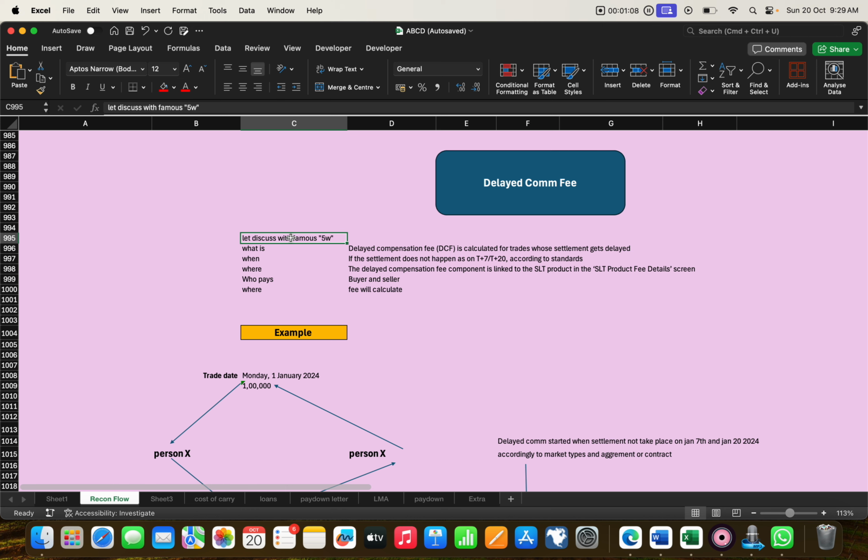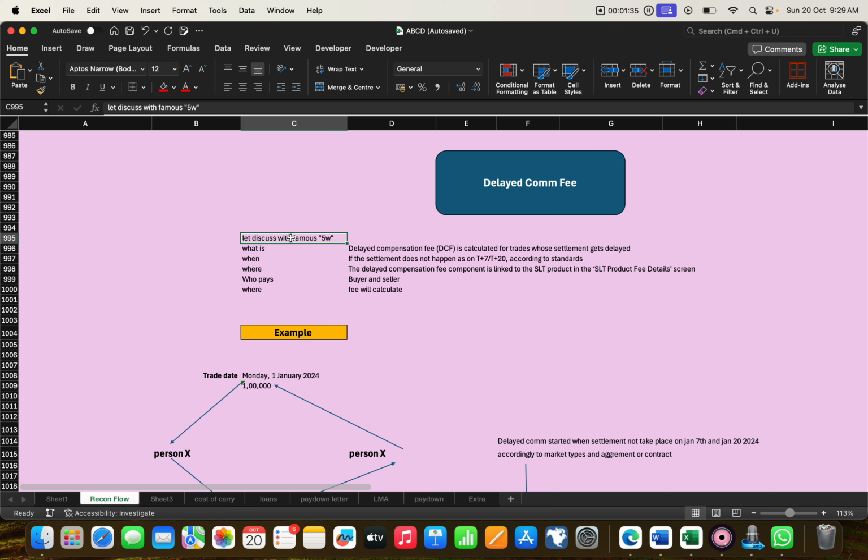So if the settlement does not happen on T plus 7 or T plus 20, according to the standard in loan syndication as per the LSTA market or LMA market, there is a certain settlement cycle for each trade, usually T plus 7 or T plus 20. If it exceeds the standard, then the delay compensation will be charged.